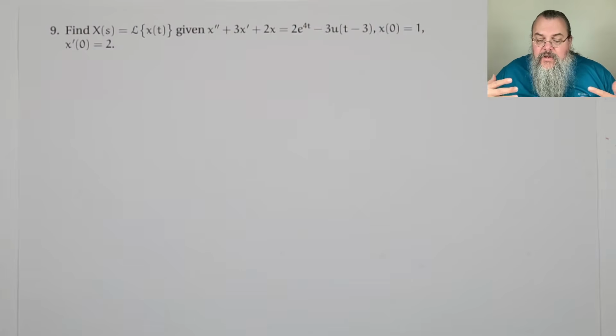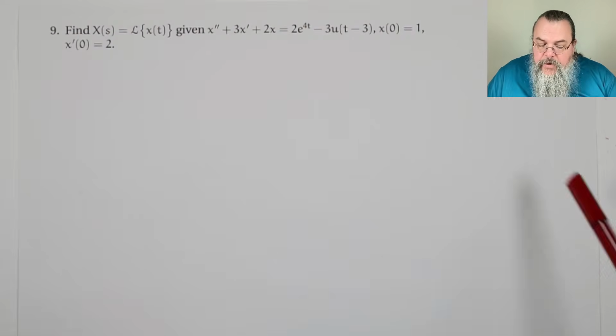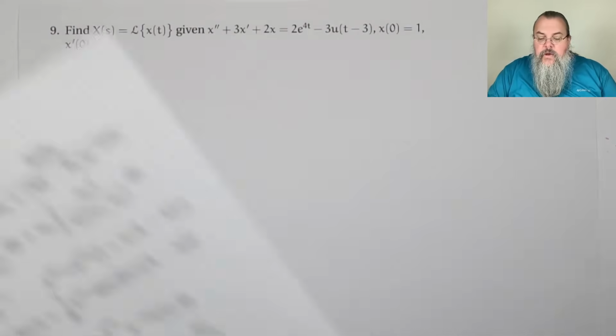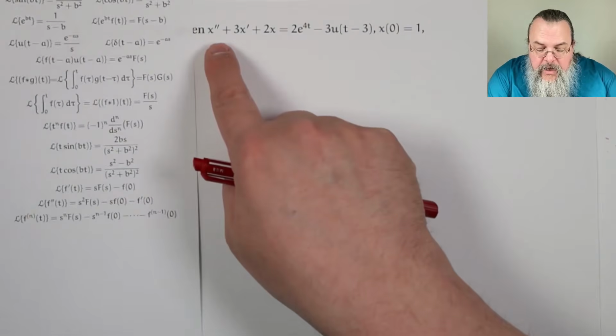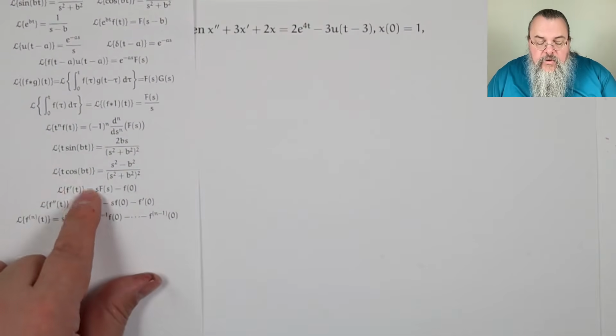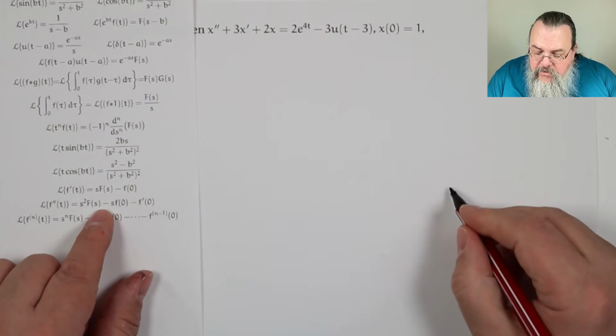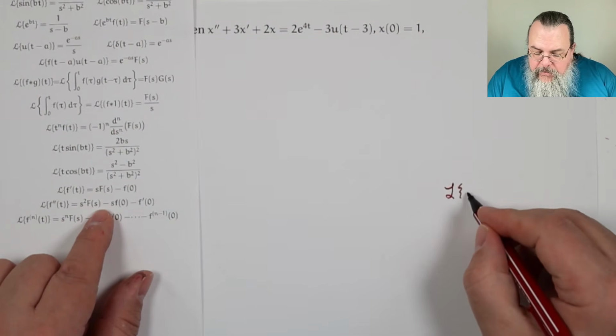So we need to know a couple of things. Let's gather our rules that we're going to need. We'll put them together down here. What are some things we see? Well, I see x'' and x'. So there's some rules about x' and x''. I'm going to write those down. Those seem like they'll be good to have on reference.